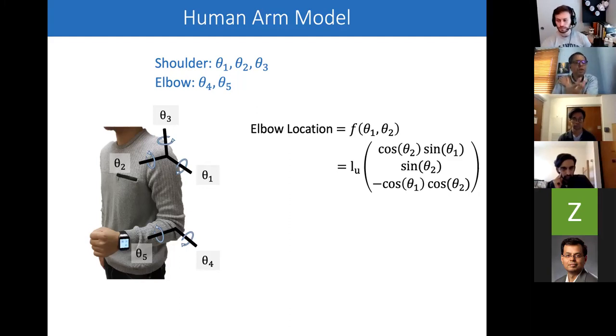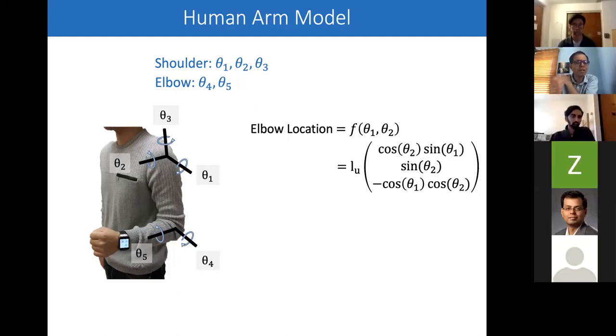And from human motion models, I can figure out that the maximum range of θ1 is maybe 270 degrees. You cannot do 360. This is the max you can go to. So the maximum of θ1 is 270 degrees.